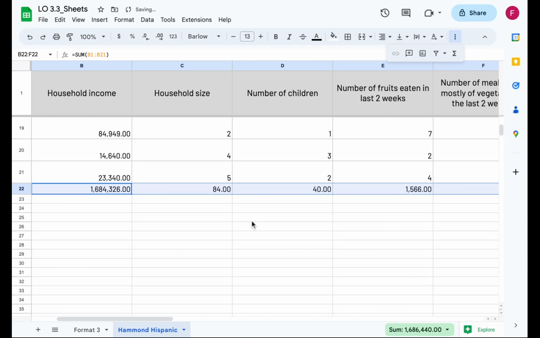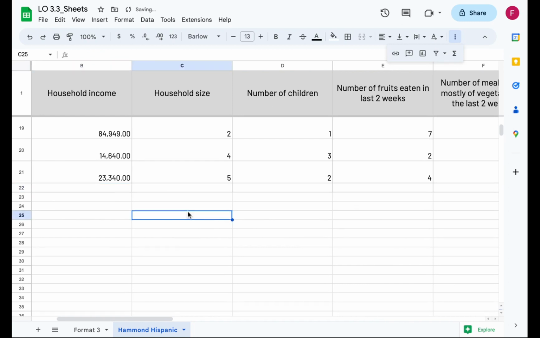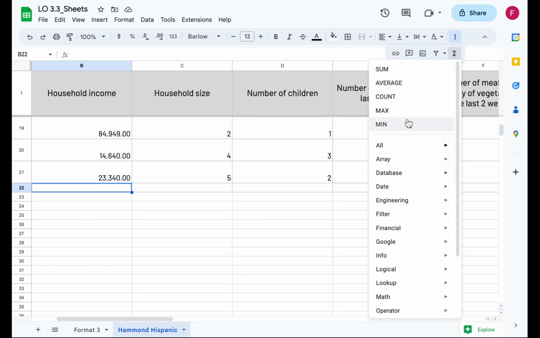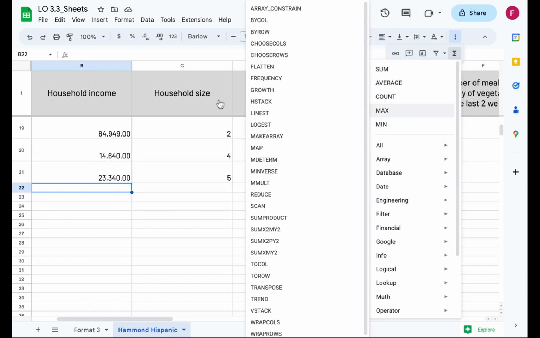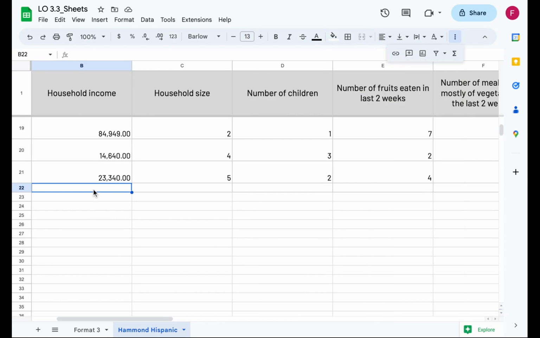So now we've done addition, let's do subtraction. The sigma sign for subtraction is not here, so I will have to use just a straight up minus. The minus works in a kind of different way from the sum. With the minus, you need to indicate which cell you want to minus it from.